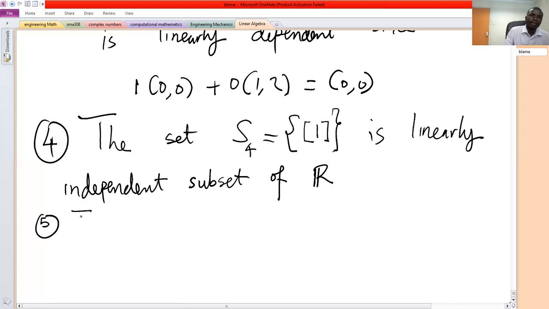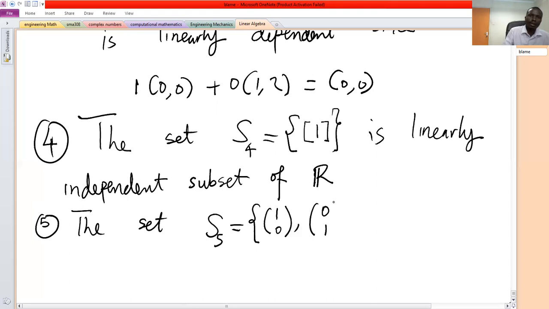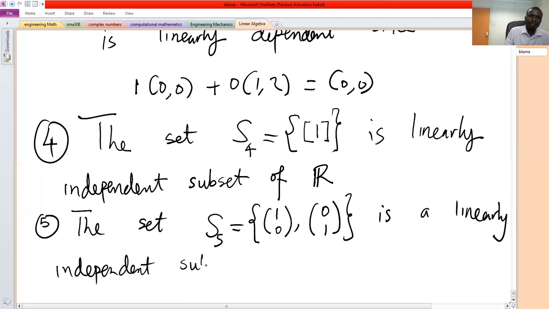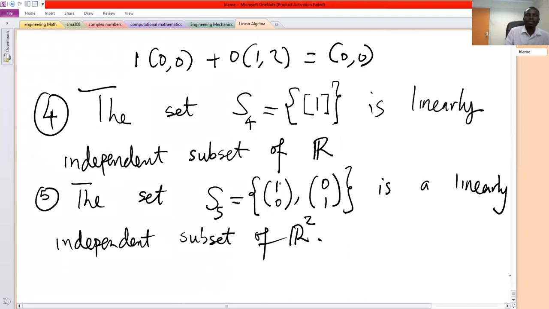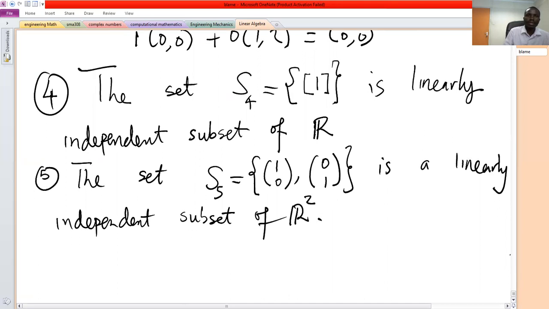Number 5, the set S5 given by these two vectors (1, 0) and (0, 1) is a linearly independent subset of R2. That means that C1 V1 plus C2 V2 equals the 0 vector will only be true when C1 and C2 are 0.